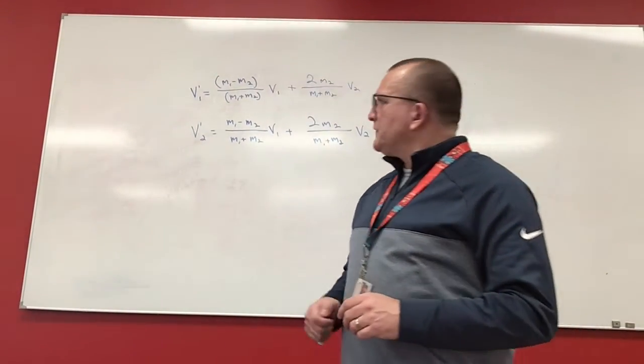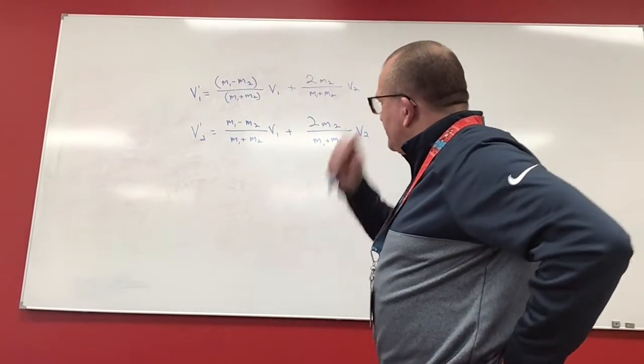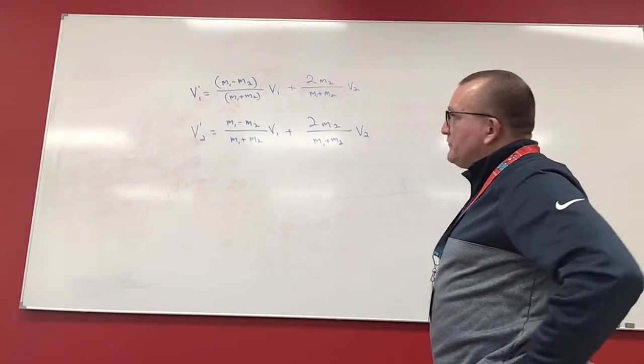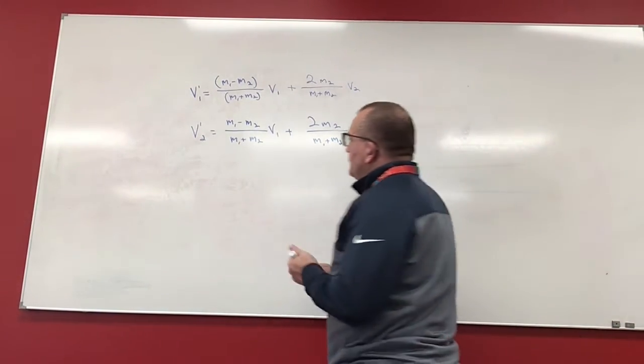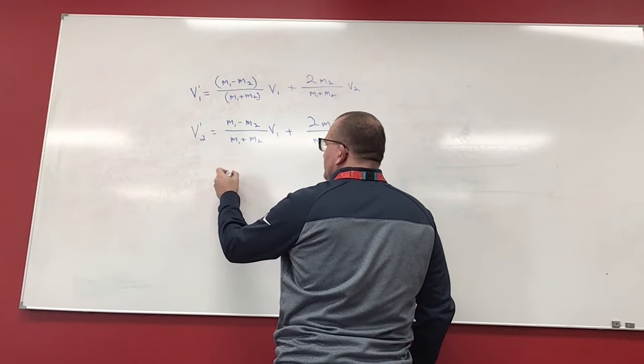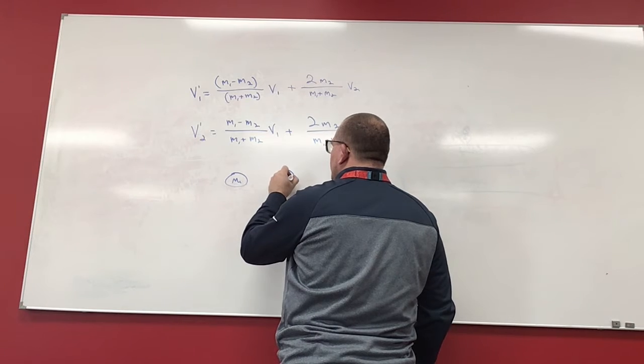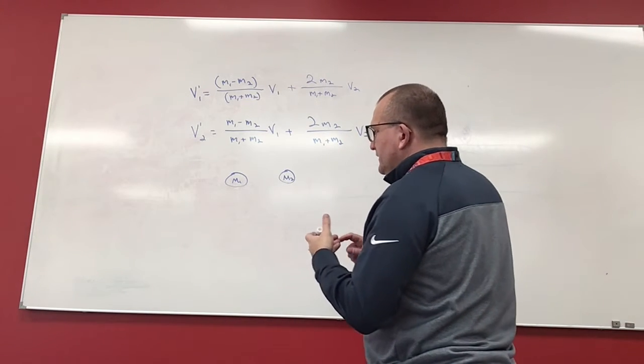When we look at elastic collisions, there are two equations that are going to make your life much easier. We have one mass, I'll call this mass 1, and this is mass 2, and they're going to collide elastically.